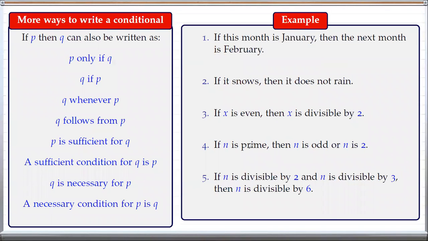There are more ways to write a conditional. These are some of them. P implies Q, or if P then Q, can be written as P only if Q. For example, the first statement says if this month is January, then the next month is February.